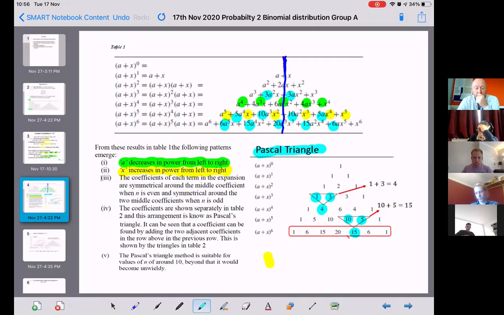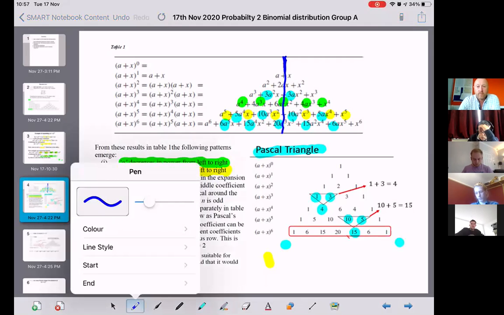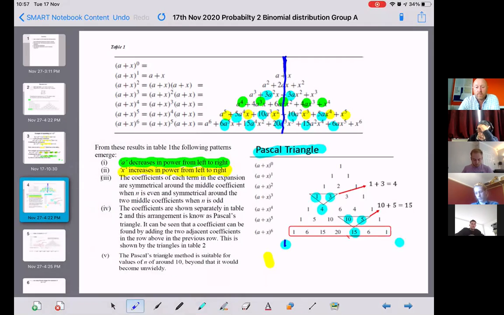We always know that 1 goes on both outsides. So outside is always 1, 1 and 1. And then in here it goes 7, 6 and 1 added together. This would be 7. This would be 21. That's 21. That's 35. And in there is 35. So that would make a plus x to the power of 7.